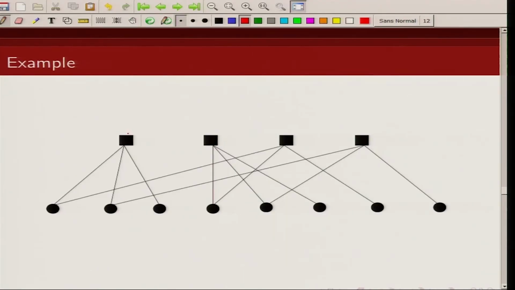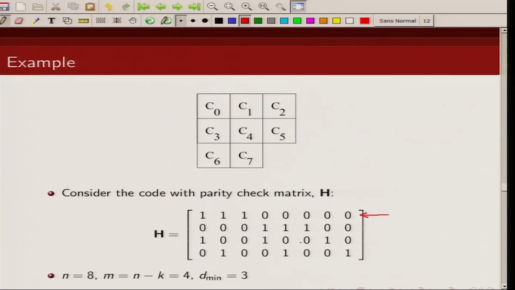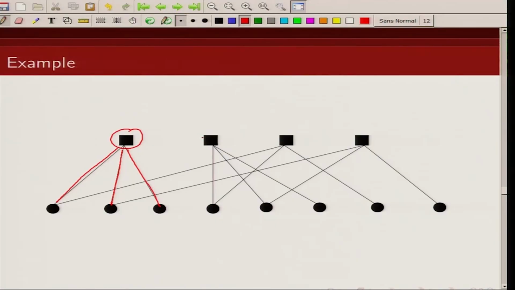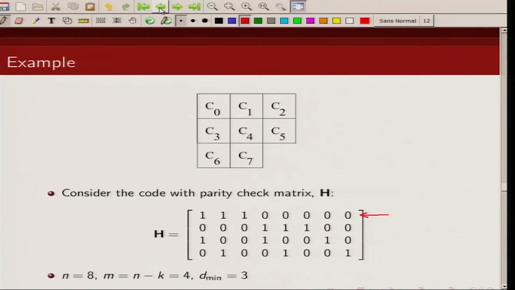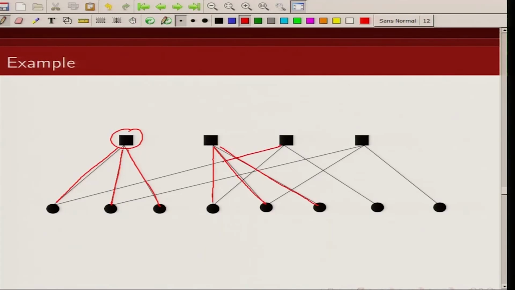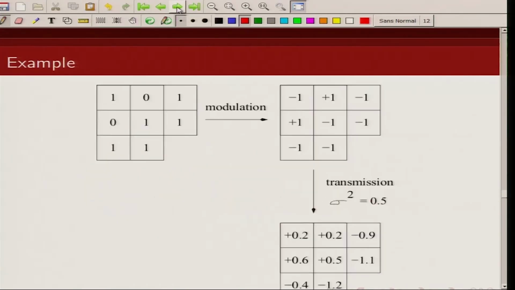The second parity check involves the 4th, 5th and 6th bits. This one involves the 1st, 4th and 7th, and similarly we can verify for this also. So, this is the Tanner graph corresponding to the parity check matrix that we have drawn.